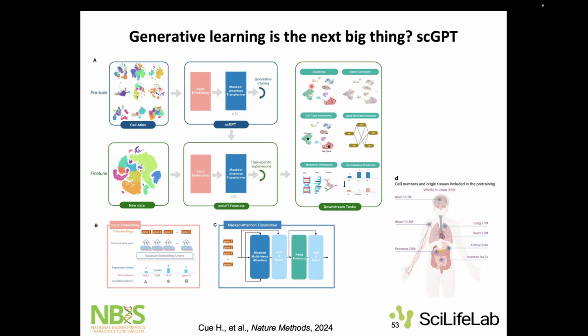What it does for cell type annotation is that first you pre-train it, and then you fine-tune it. One of the tasks for fine-tuning, for example, can be cell annotation. Then you train it with the data set that you have and use the output from a transformer from scGPT.